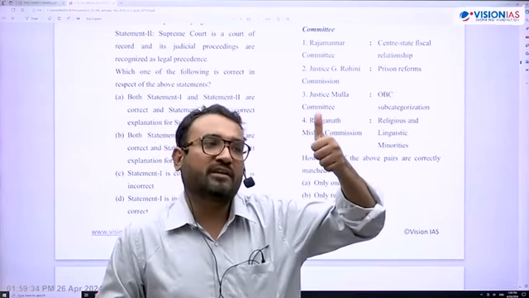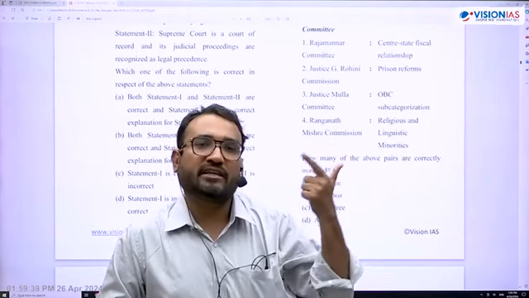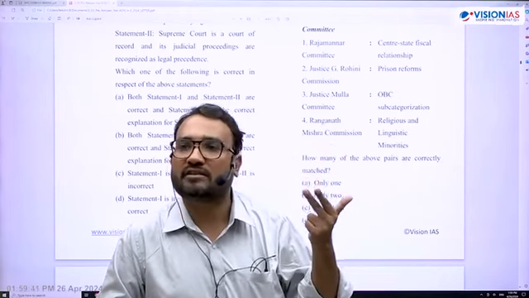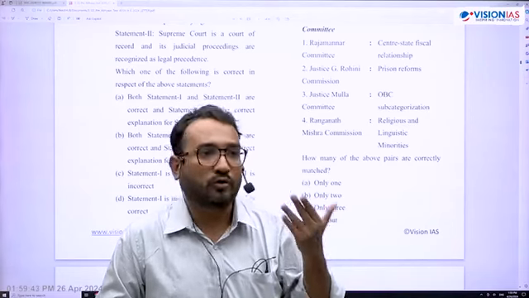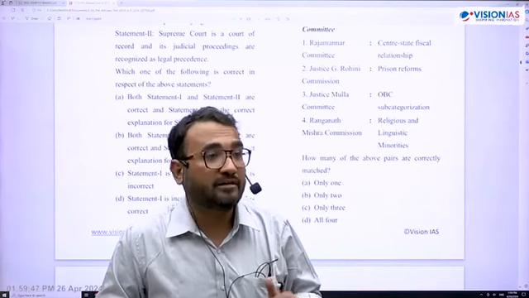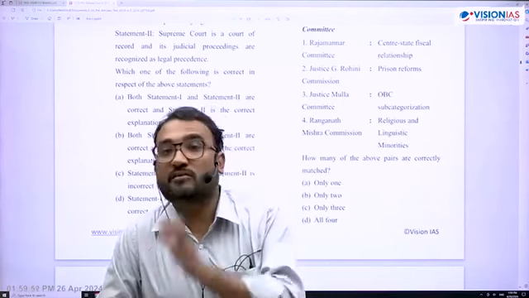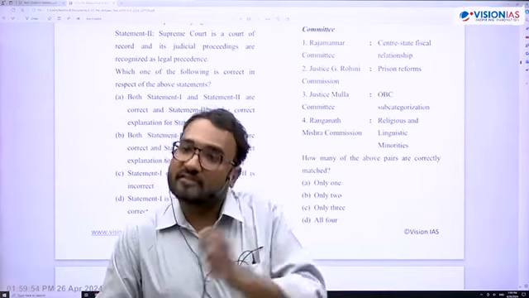National Commission for Backward Classes, Article 338B; National Commission for Scheduled Tribes, 338A; National Commission for Scheduled Castes, Article 338; Election Commission of India, Article 324; Finance Commission, Article 280. So usually commissions are created by the Constitution or by statute: the Protection of Human Rights Act for the National Human Rights Commission, the Central Vigilance Commission Act for the Central Vigilance Commission.